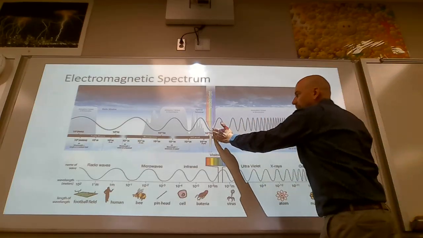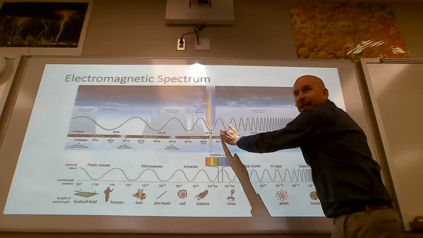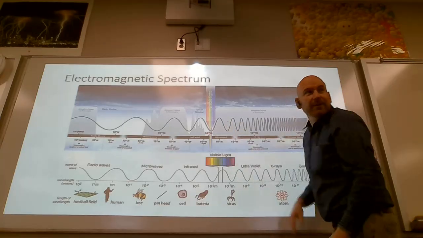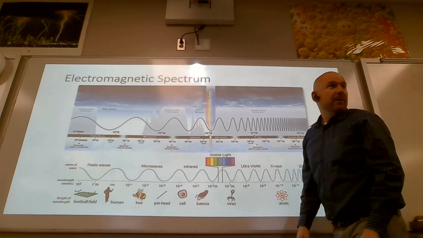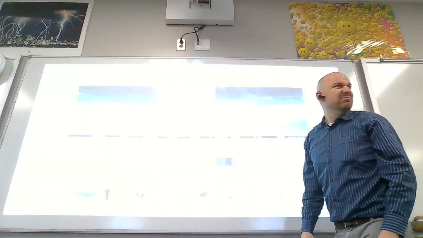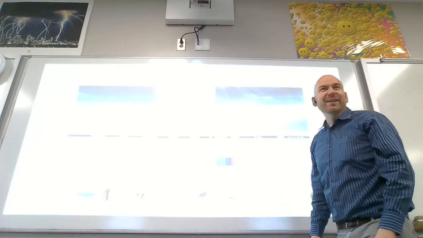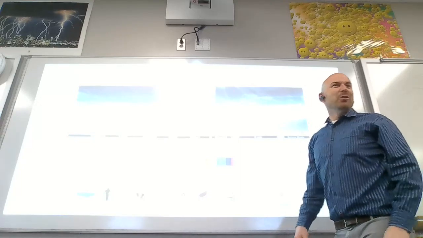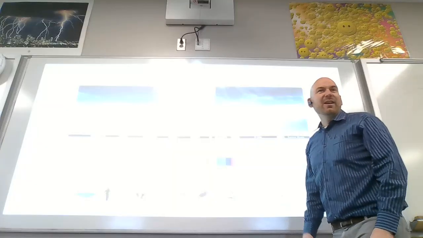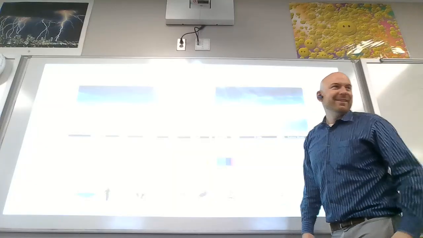This gets blocked by our atmosphere, and this is what gives us cancer. We should probably do things to preserve our atmosphere, and not do things detrimental to it for the sake of our kids and grandkids. Yeah, good luck, kids.